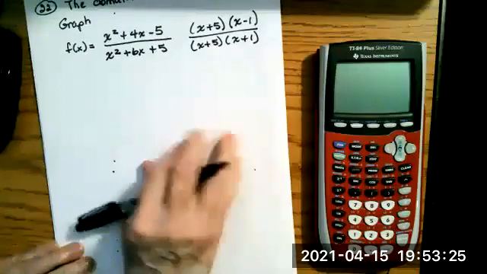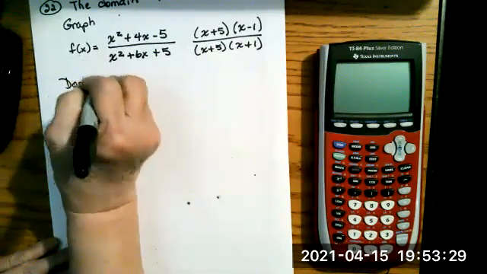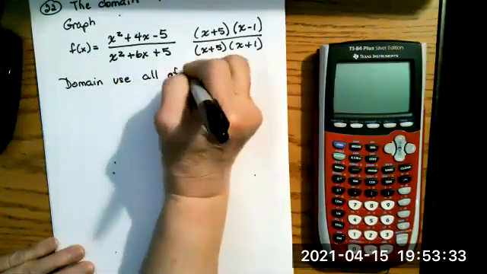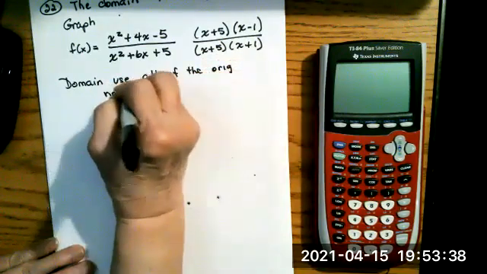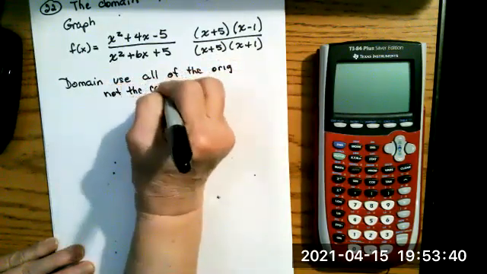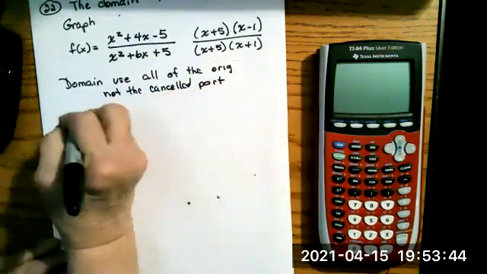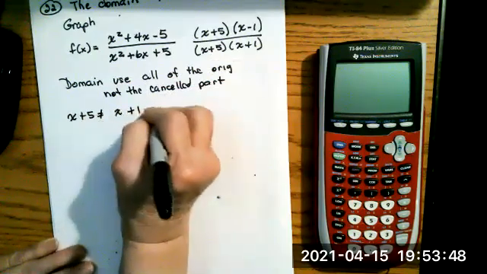Okay. For domain, you don't have to cancel. So for domain, you use all of the original, not the canceled part. So we've got to do x plus 5 not equal to 0 and x plus 1 not equal to 0.